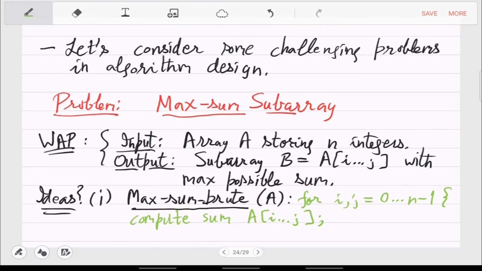And you track the maximum sum. And this closes the for loop.